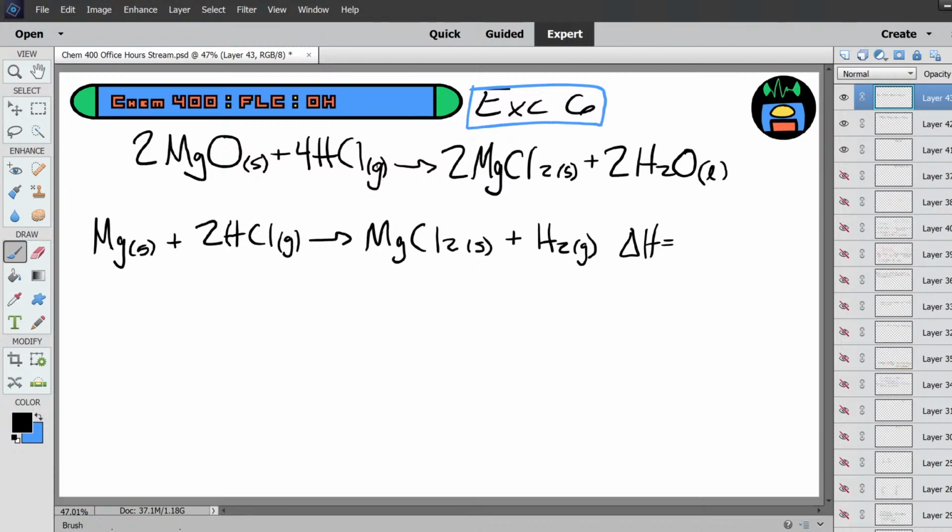So I'm going to change these delta H's. This will be 342.0 kilojoules per mole.